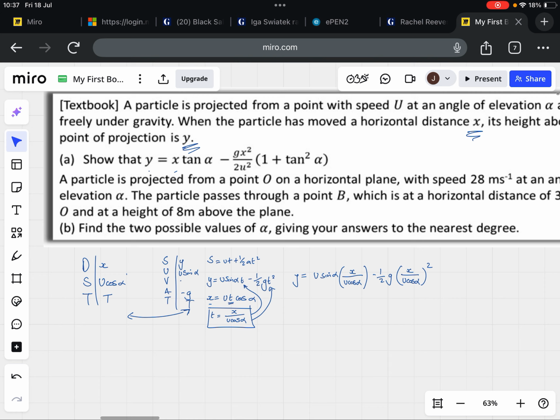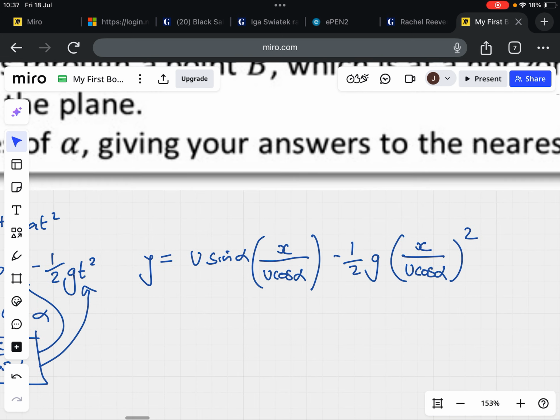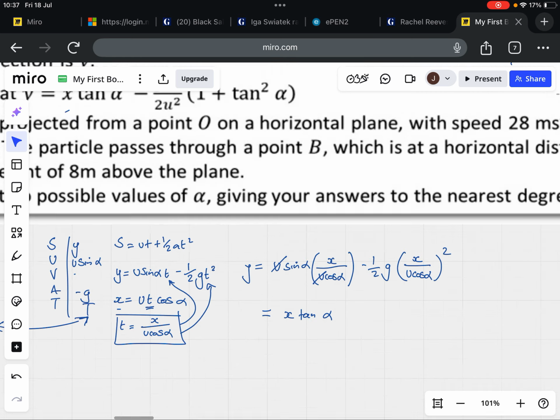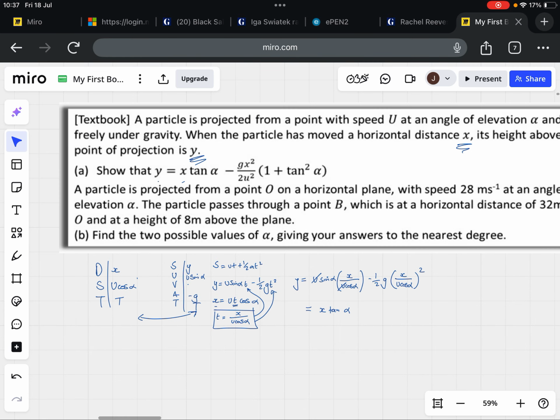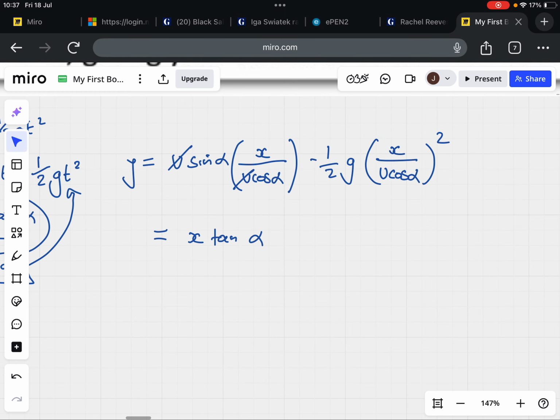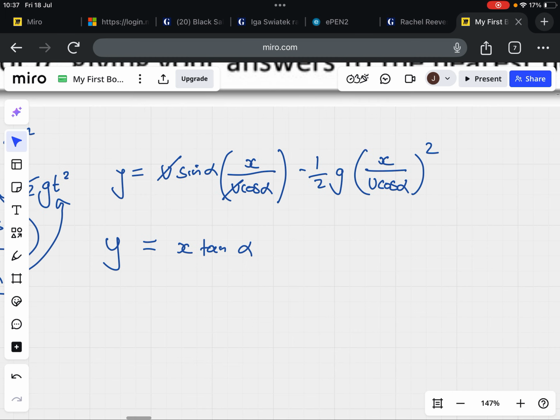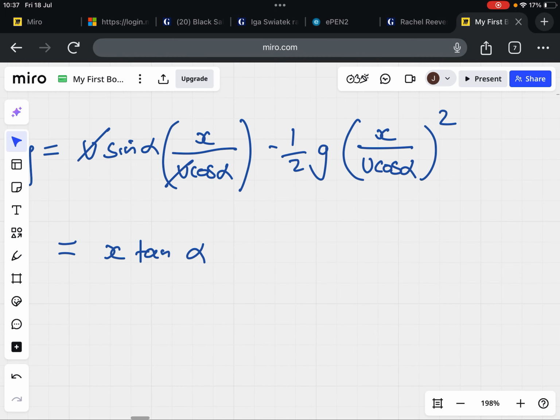So it's a bit of cancelling here. What does this turn into? This is sine over cos. This is x tan alpha. Yeah, there you go. X tan alpha. So that's y equals... Now this one we're going to do in a few parts because this is much, much less obvious.